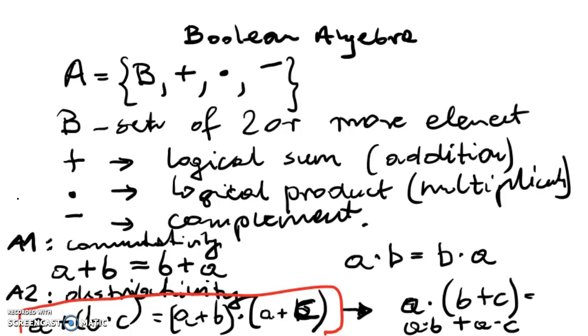These are two axioms, and the third axiom, A3, introduces identity elements. There must be two of them. One is the identity element for addition, denoted by 0. If you add something to 0, you get the same element.